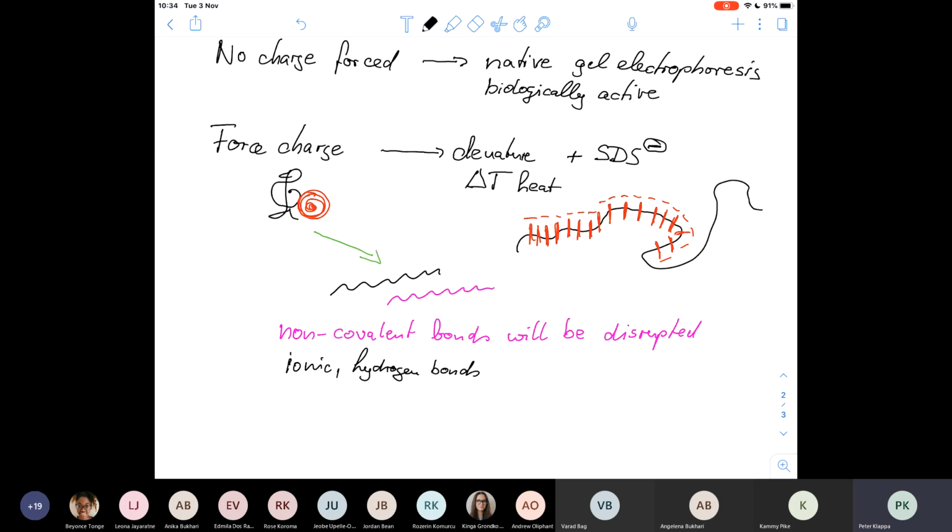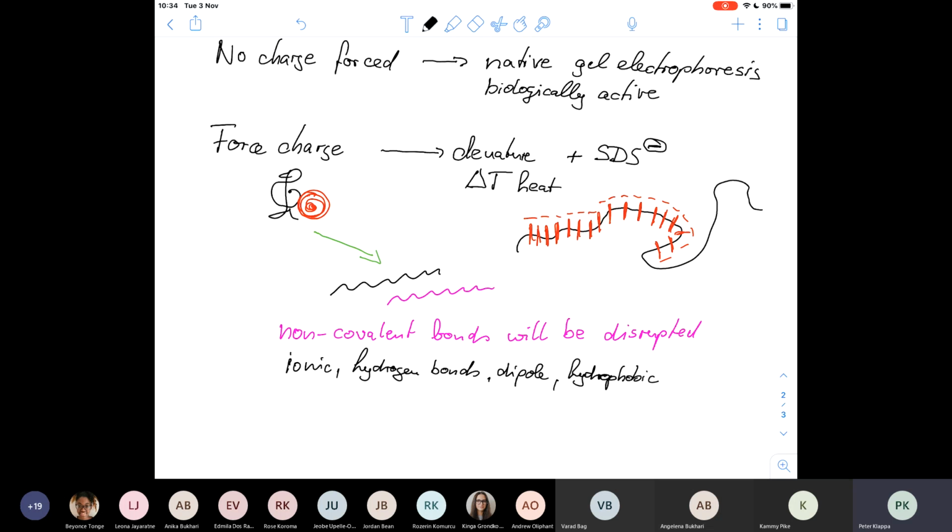And if there is a sort of dipole, yes. And hydrophobic, yes. Although it's not a bond, if there's a hydrophobic interaction, all these interactions will be destroyed.